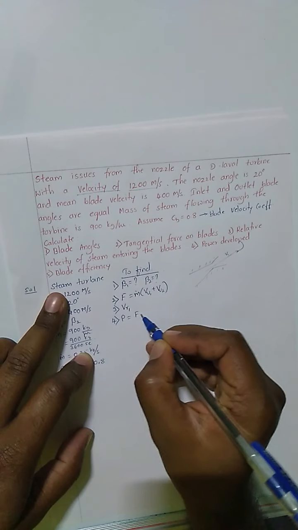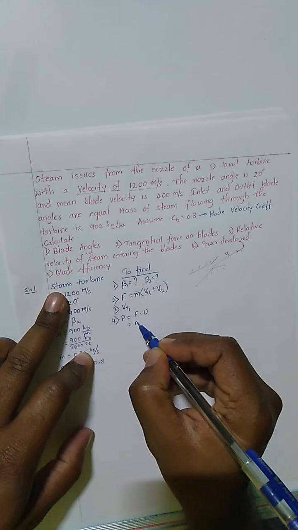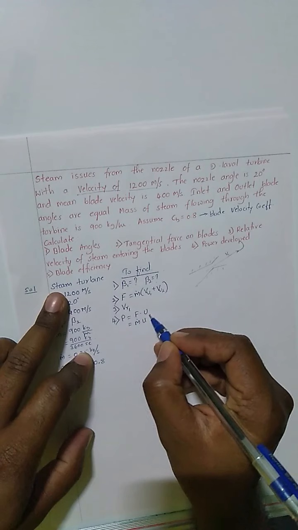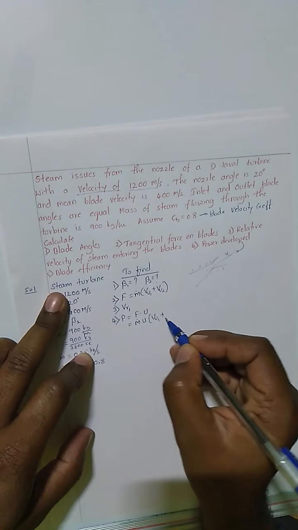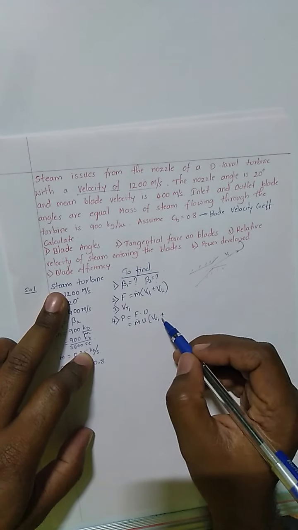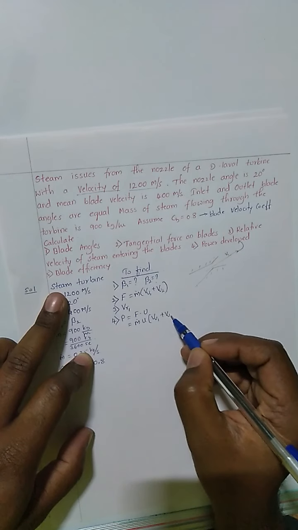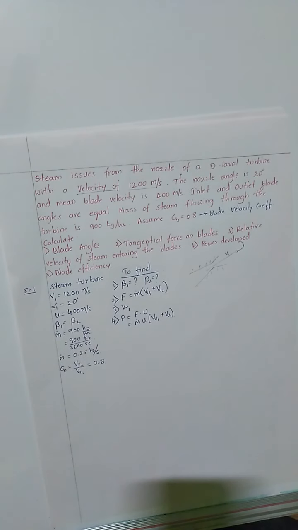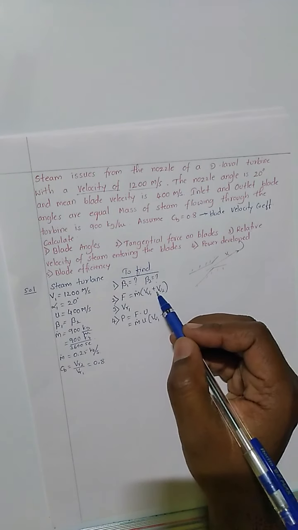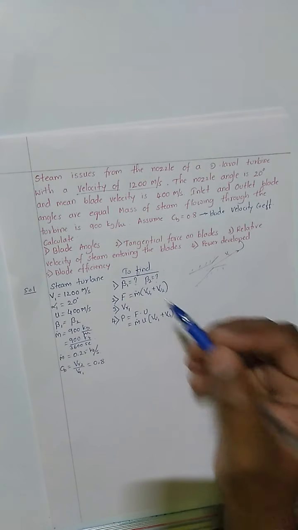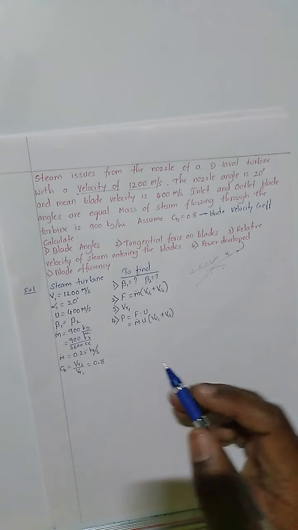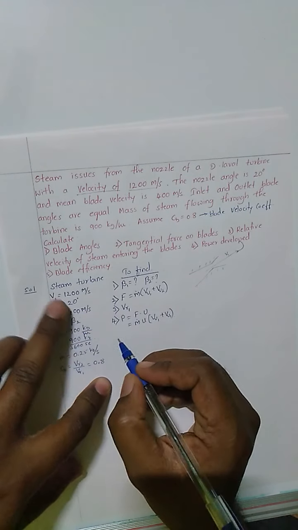It is F into U, that is m dot U (vu1 plus, or I don't know whether it is plus or minus, that we will come to know once I draw the velocity triangles). It will be plus because vu1 and vu2 are opposite in direction, so you will come to know that.